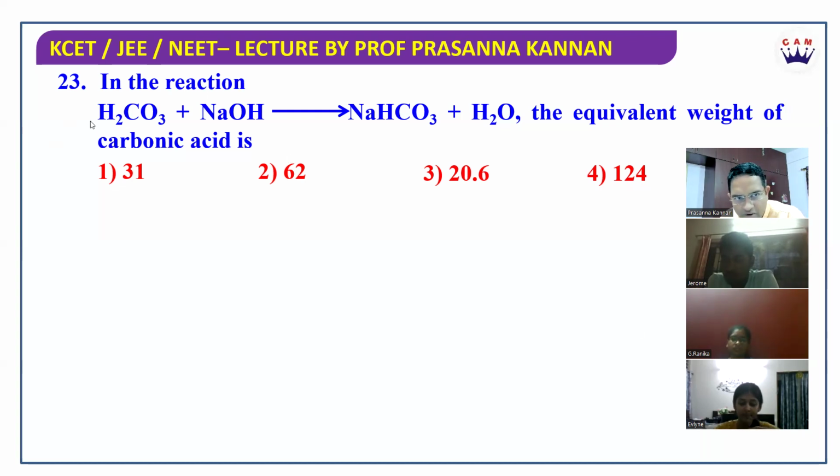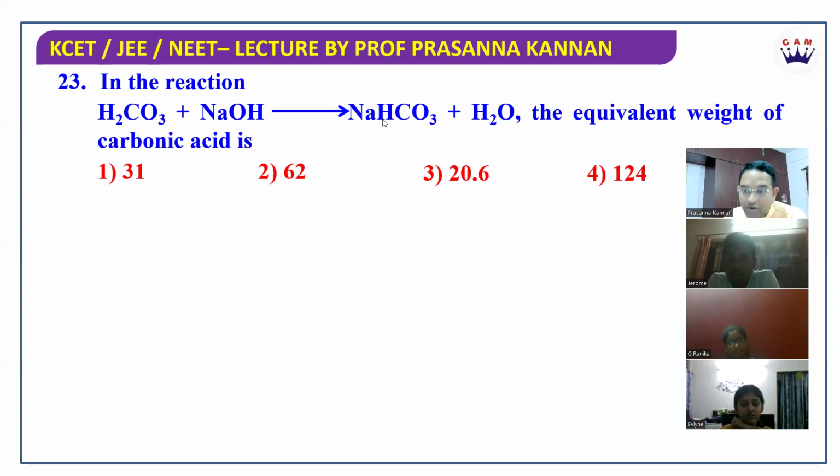See here, no doubt the basicity of carbonic acid is 2. That means the number of possible replaceable hydrogen H plus ions are 2, right? But in this particular reaction, not all the 2 hydrogen atoms are getting replaced. See here, one hydrogen is replaced by sodium. So you're getting sodium bicarbonate, right? So are both the hydrogens replaced or only one is replaced, Evelyn, in this equation?